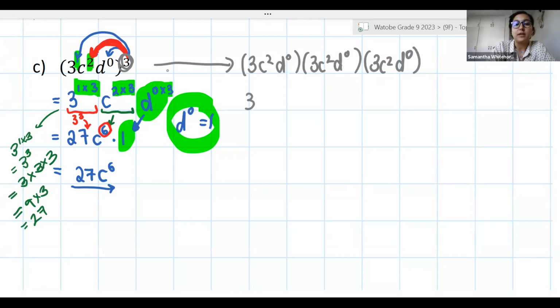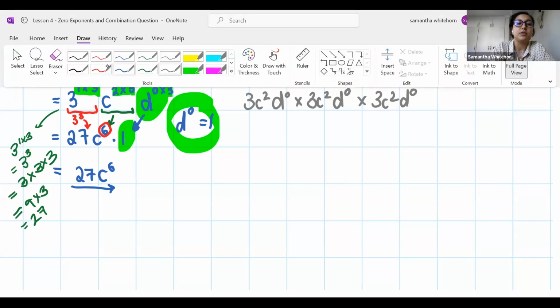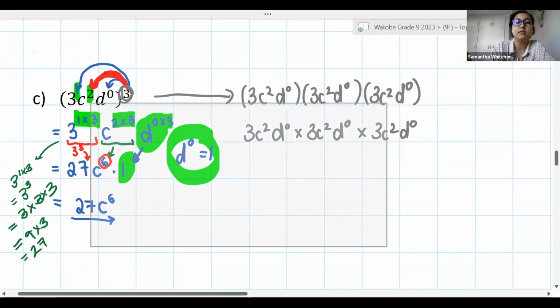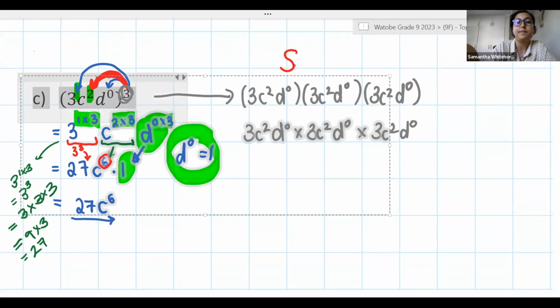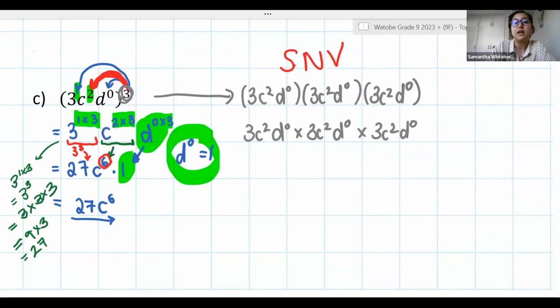And that's just normal multiplication then. Those brackets just represent normal multiplication where I can now just go and multiply my terms together. And so if we start with the numbers, because remember SNV, everything's positive here, so I don't need to stress about the signs.